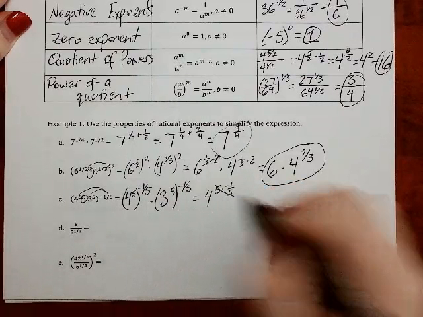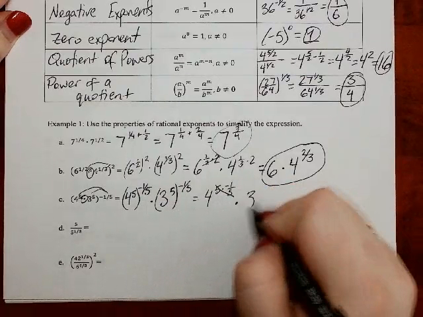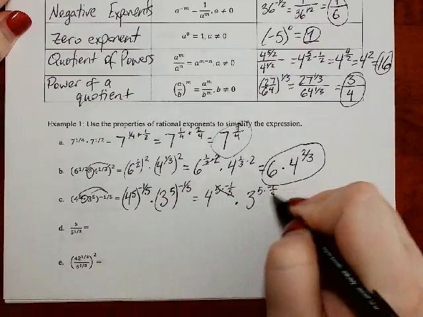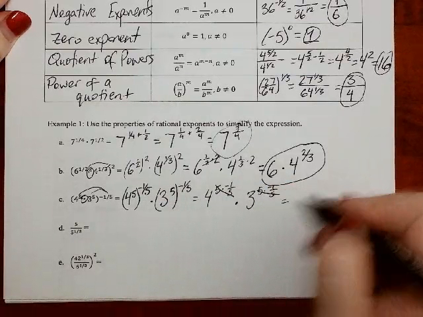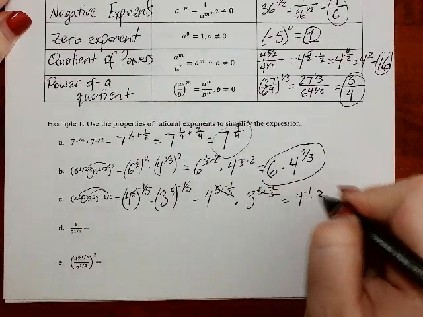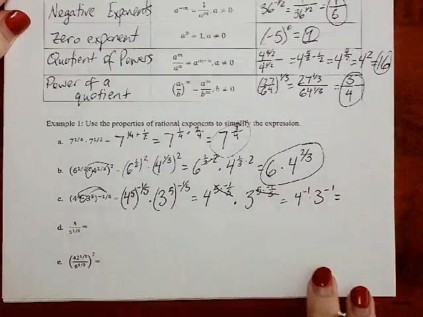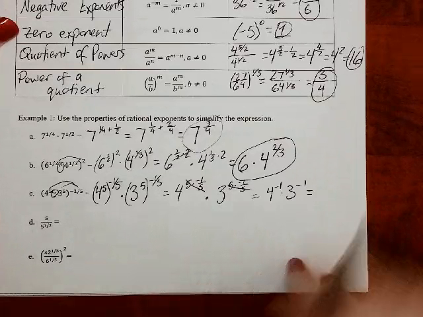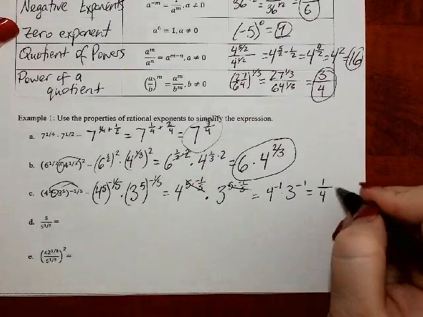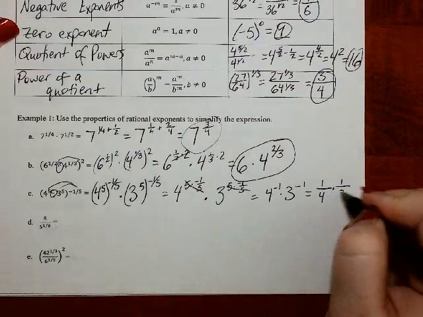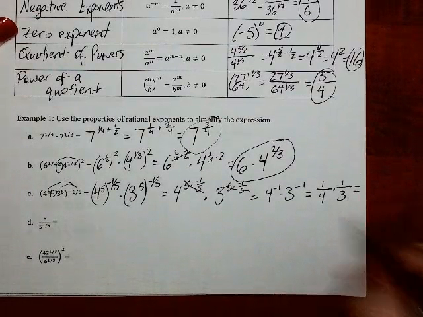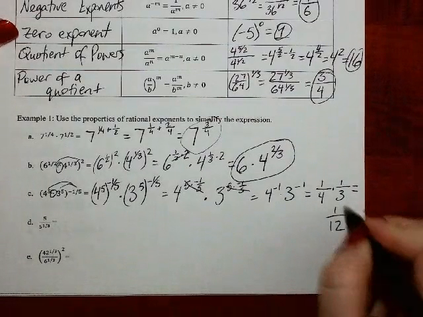Those cancel, we're left with negative 1. So we have 4 to the negative 1 times 3 to the negative 1. Now we have negative exponents. So we can put 4 in the bottom of a fraction and 3 in the bottom of a fraction. So we get 1/4 times 1/3, which is 1/12.